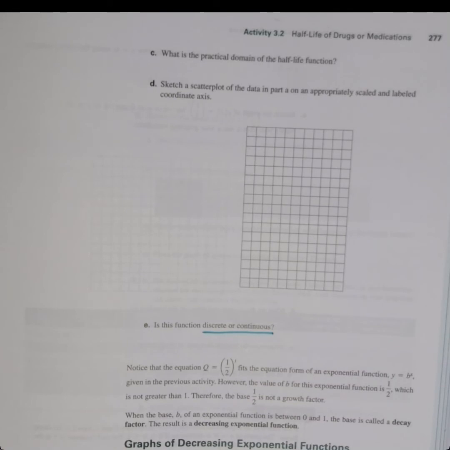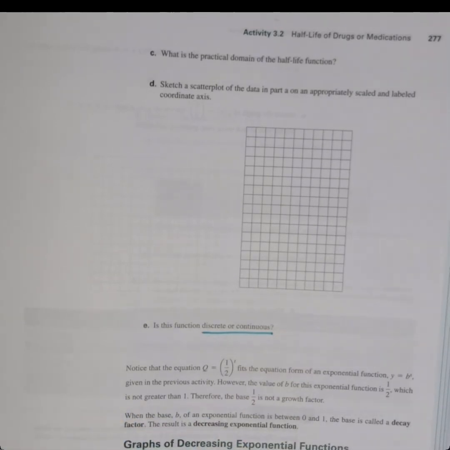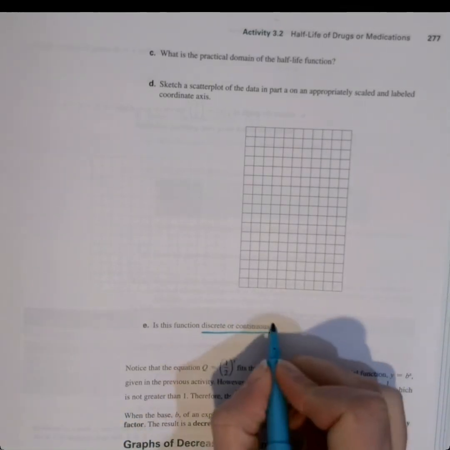It is continually being eliminated throughout the day. If you're only halfway through the day, there's going to be more than half of it left. It'll be like 3/4 left or something like that. So this one's going to be continuous.